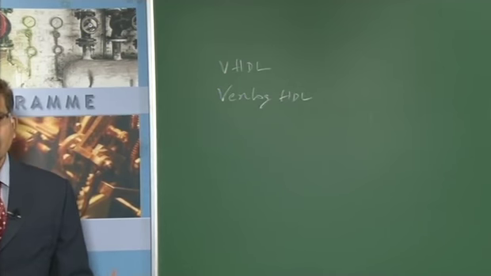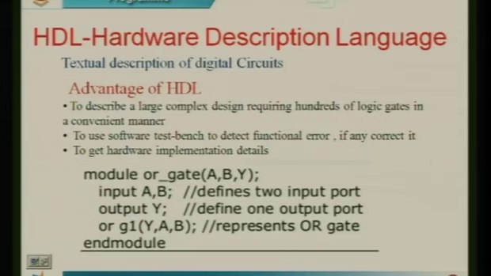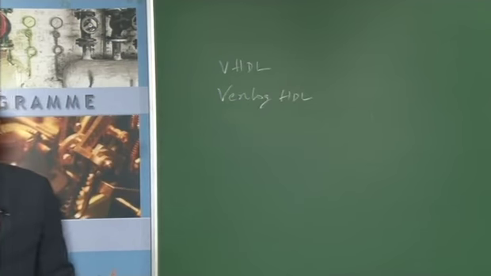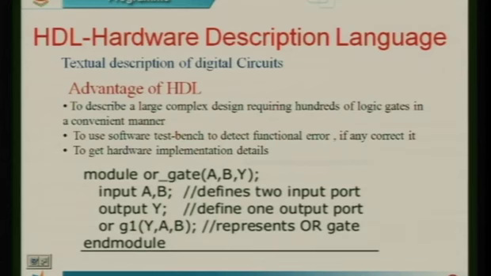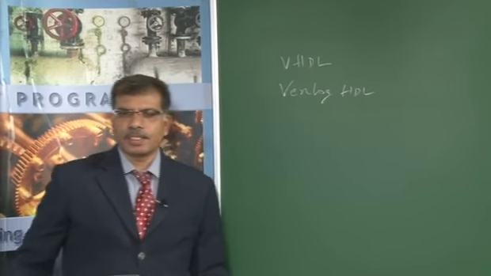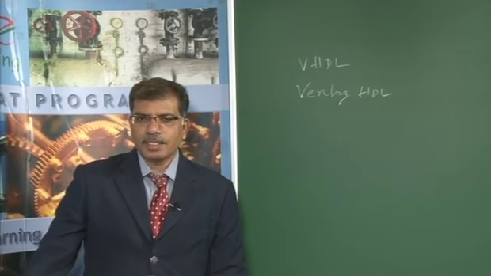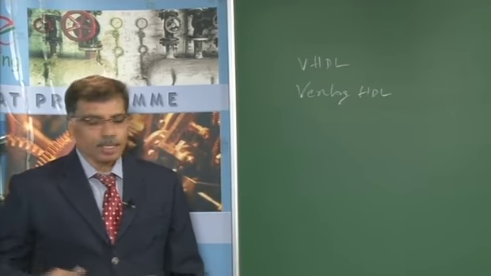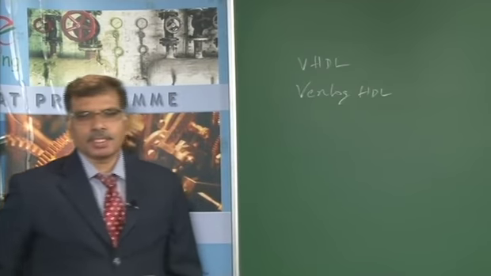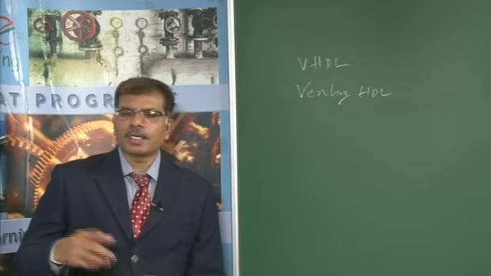But there is a difference between an HDL language that we use to describe a digital circuit and the traditional languages we use in computers, like C programming. The major difference is that in a traditional language like C, the execution of instructions is in sequential order, whereas in an HDL language, all the instructions execute in a concurrent fashion.